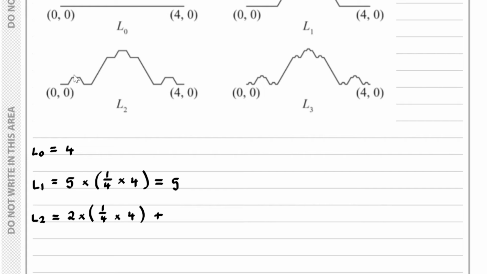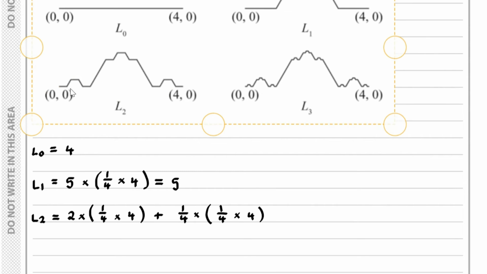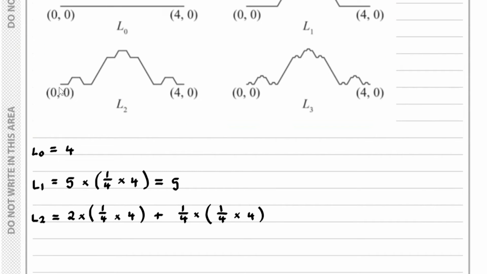Now, each of these pieces will have length 1/4 of this length, and this length, and those lengths are 1/4 of 4. But then each of those parts has 1, 2, 3, 4, 5 parts to them.